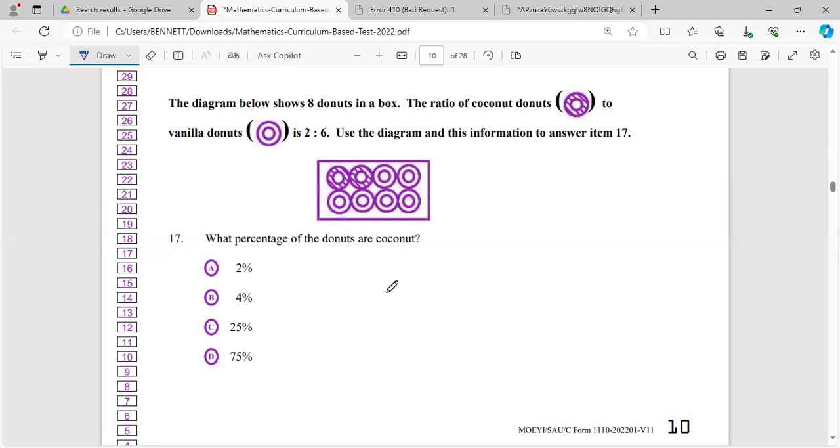I got 25% because you were supposed to put 2 over 8 and find how much it is worth as a percentage. You would get 25%, and 75% is for the vanilla cookies. Remember, guys, you're considering 8 of them, but 2 of them out of the 8.